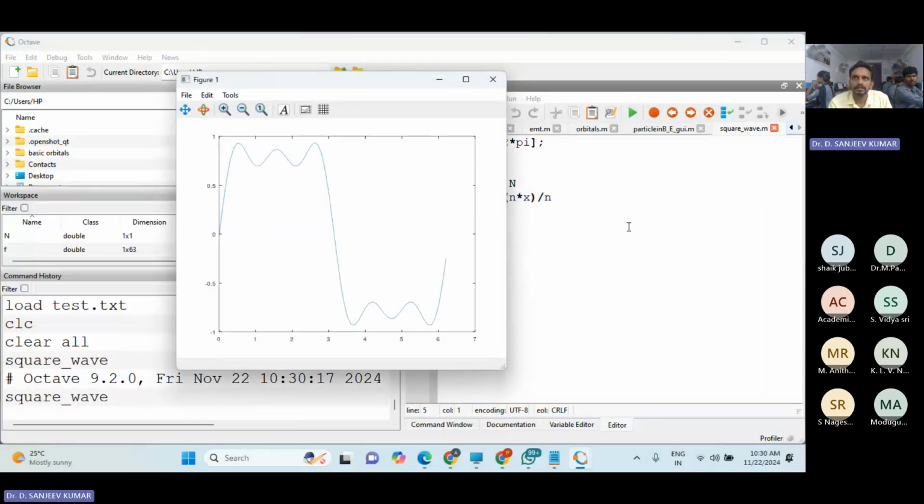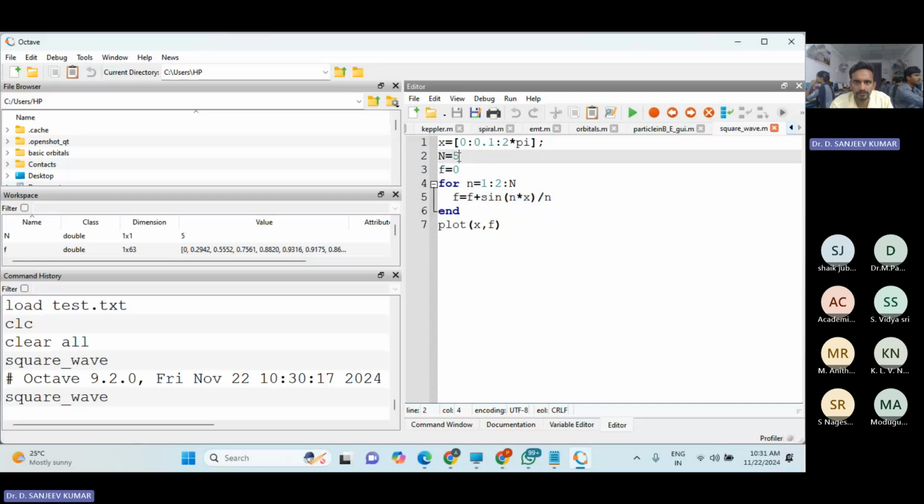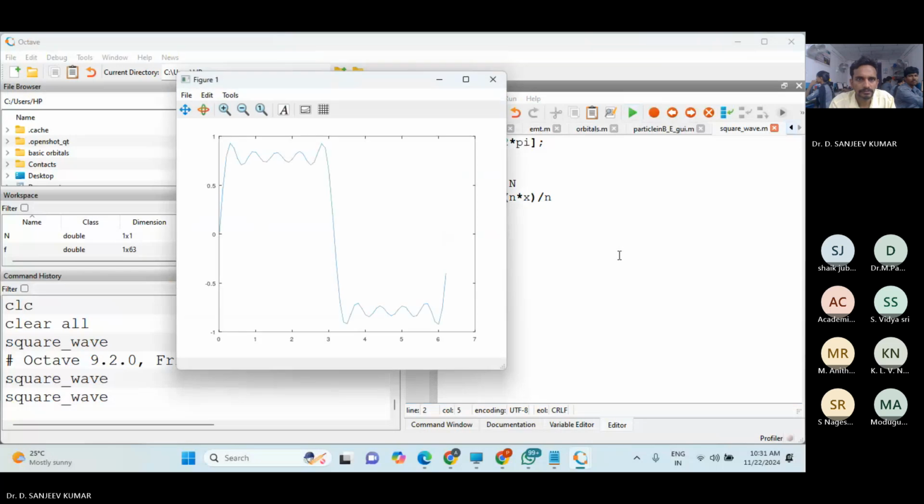So this is how I get a square wave, or near to a square wave. If I increase the number of waves, let's say if I take 10, I get a better square wave.